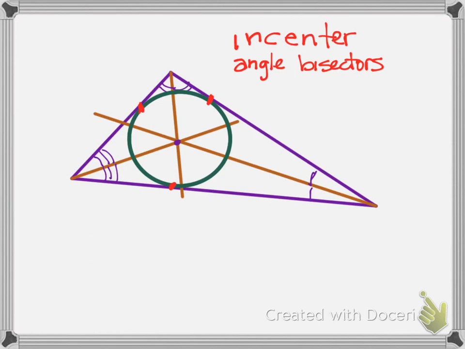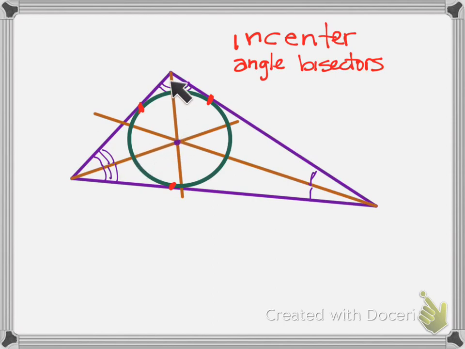Now, if we think about what it means to be an angle bisector, if I needed a point inside this triangle to be the same distance from this side as it was to this side, in other words, I want to be walking along a road here so that the road is the same distance from that side and that side, then I would need to be on an angle bisector.